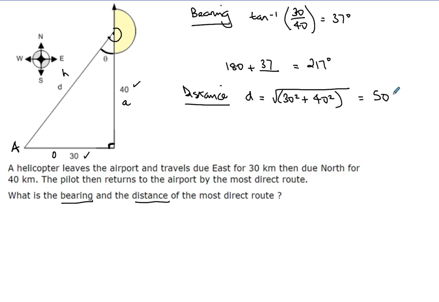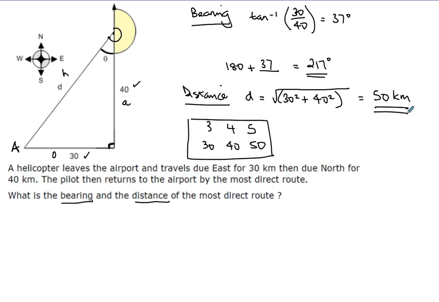But you really shouldn't have had to put it on your calculator because you know the Pythagorean triple 3, 4, 5. So 9 plus 16 is 25 if you take the squares, and it's any multiple of 3, 4, 5, so you can see in this case it's 30, 40, 50. So it really helps to know it off by heart. So those are your answers.